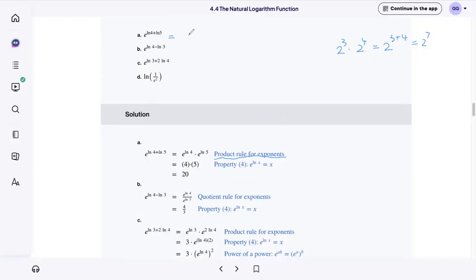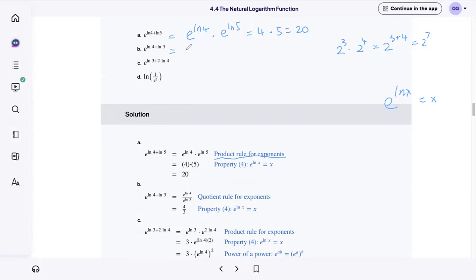So that means we can split this as e to the ln 4 times e to the ln 5. Well, remember e raised to ln x equals x. So that means this equals 4 times 5, which is 20.